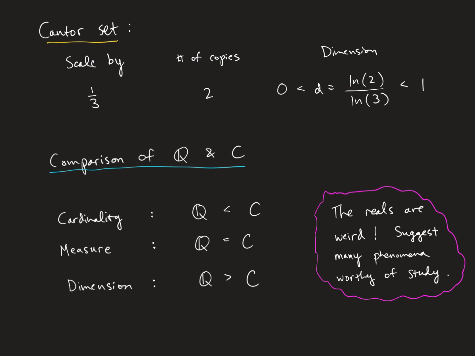And so basically, the reals are pretty weird, and there's plenty of phenomena that might be worth studying, but this is only the bare minimum. I can only indicate future directions you might take your study in terms of studying measure theory in the real numbers, measure theory more generally, and dimension theory as well.